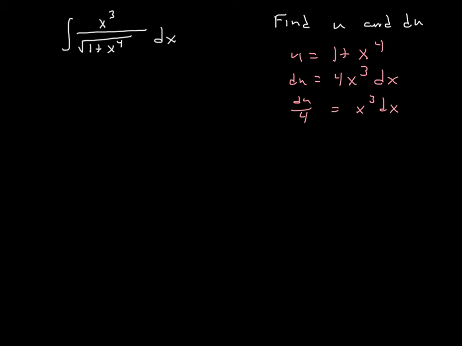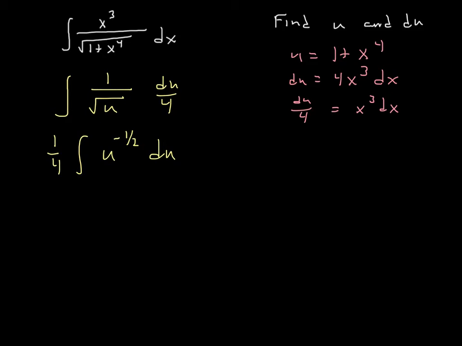So when I do the substitution, this is going to become the integral of 1 over the square root of u times du over 4, or I will get 1/4 times the integral of u to the negative 1/2 du.